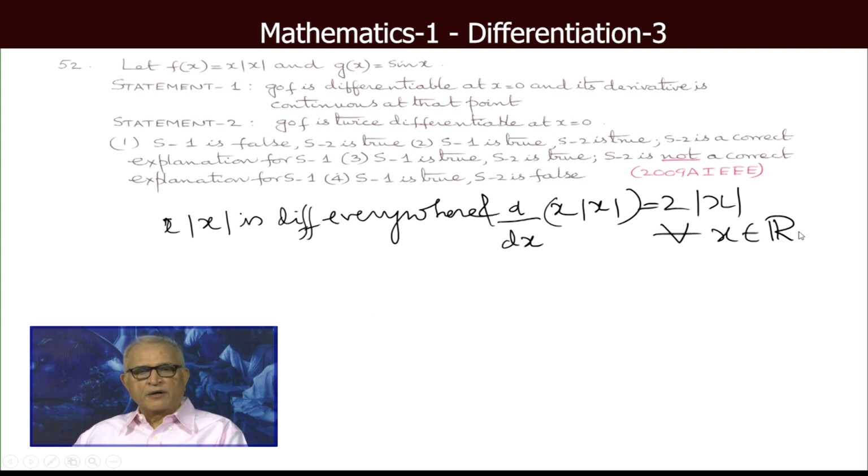Mod x is not differentiable at x equal to 0, but x mod x is differentiable everywhere, including at the point x equal to 0, and therefore, the derivative of x mod x is 2 mod x. This is the important observation.